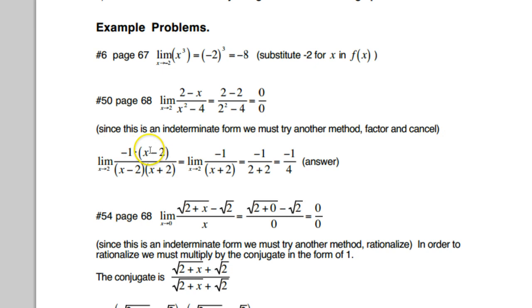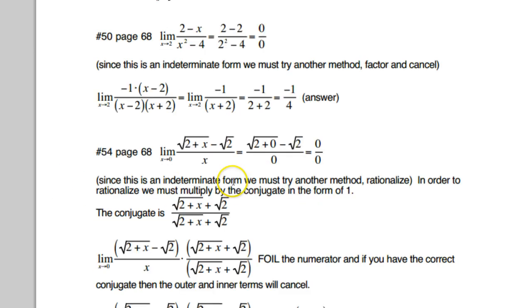We factor out a negative 1 on top and get x minus 2, and on the bottom we get x minus 2 times x plus 2. These two cancel out and I'm left with negative 1 over x plus 2. I plug in 2: negative 1 over 2 plus 2 becomes negative 1/4. So the limit as x approaches 2 of this function is negative 1/4.